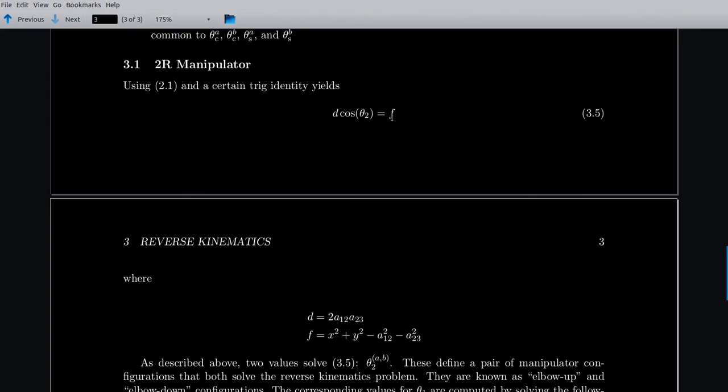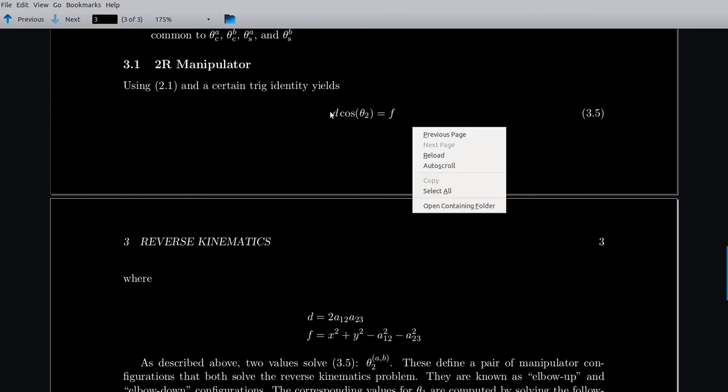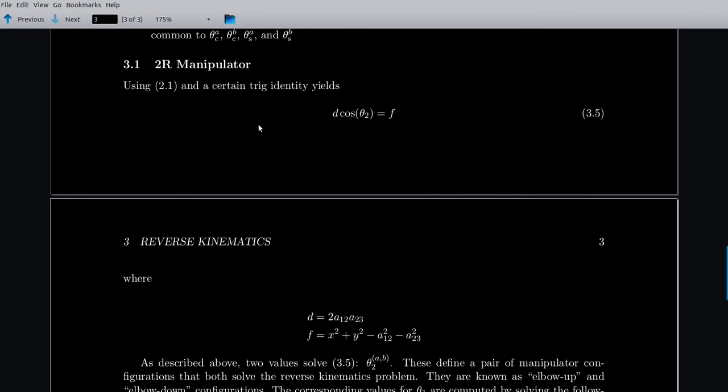So we use this equation that comes from equation 2.1, which was the forward kinematics equation. And we know what values D and F take. So these are based on X, Y, A12, and A23.